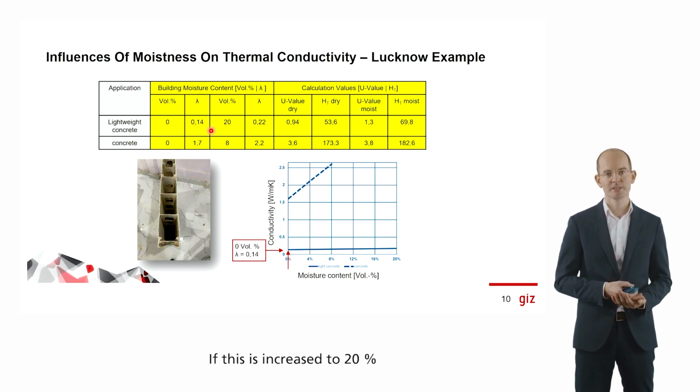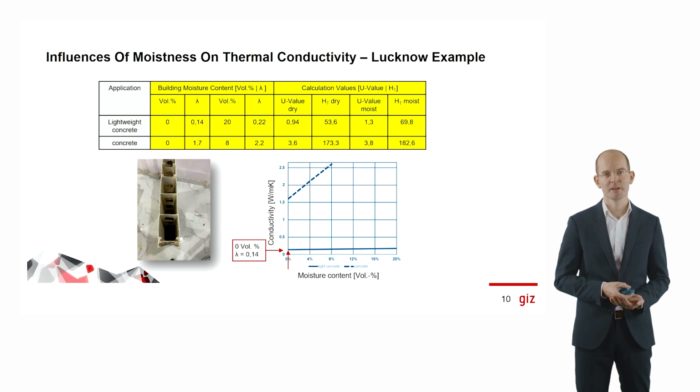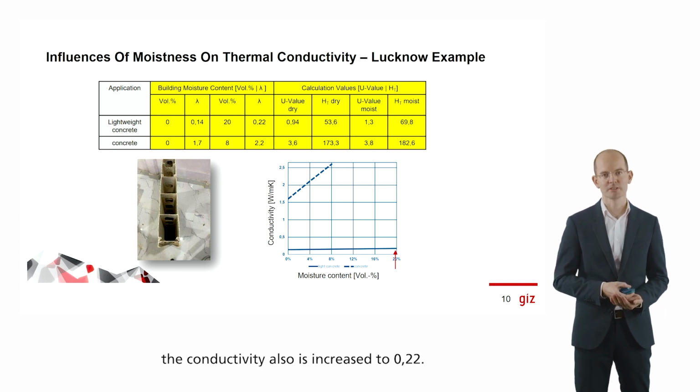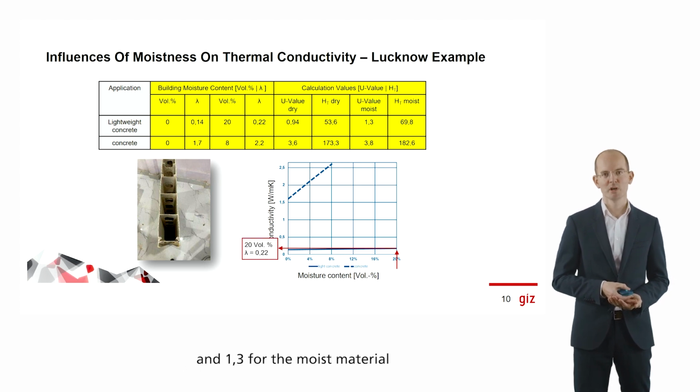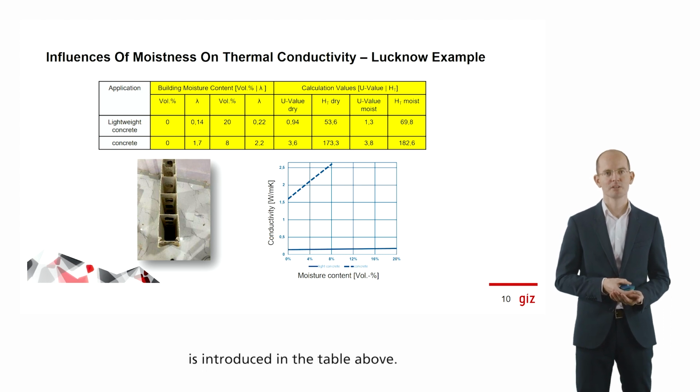If this is increased to 20%, the conductivity is also increased to 0.22. The corresponding U values of 0.94 for the dry and 1.3 for the moist material are introduced in the table above.